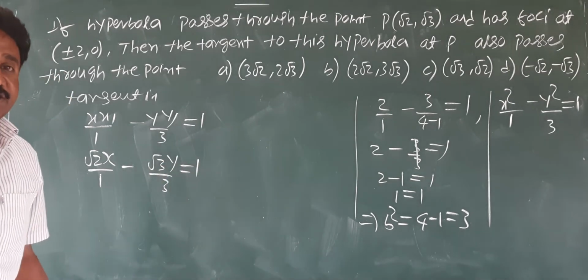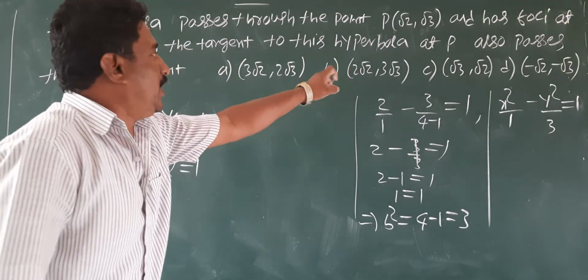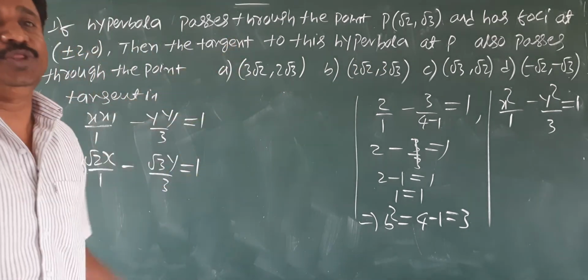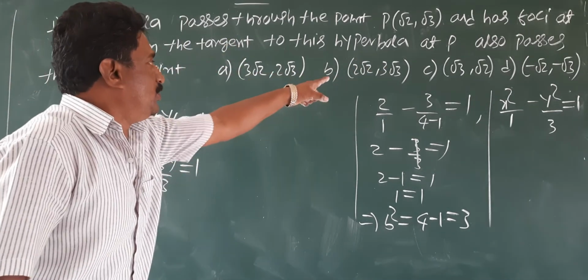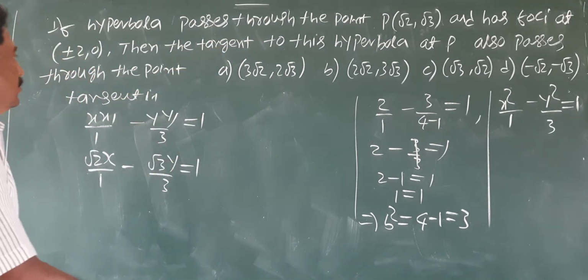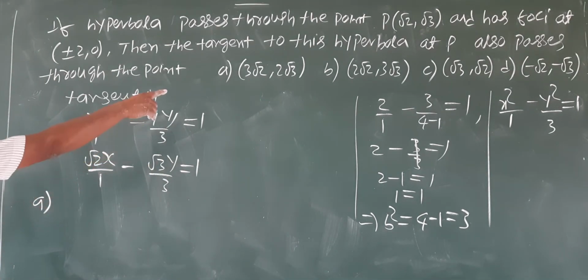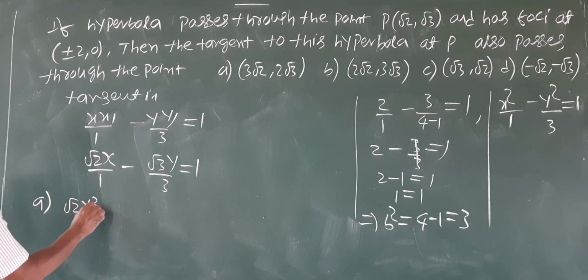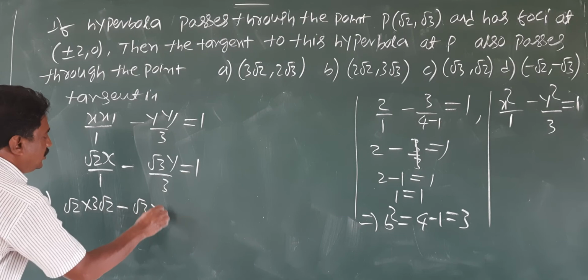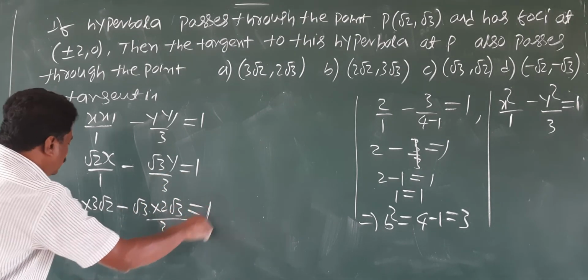The question is, through which point among the given options is this tangent passing? Let us check by substituting one by one. Let us substitute the first point, option A. So x is 3 root 2 and y is 2 root 3. Root 2 into 3 root 2 minus root 3 into 2 root 3 by 3 is equal to 1.